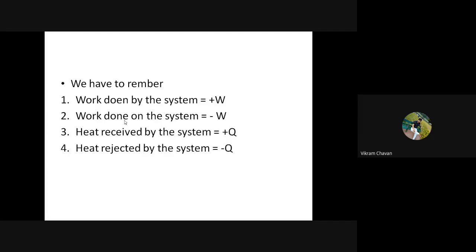Second, work done on the system will be equal to negative work.